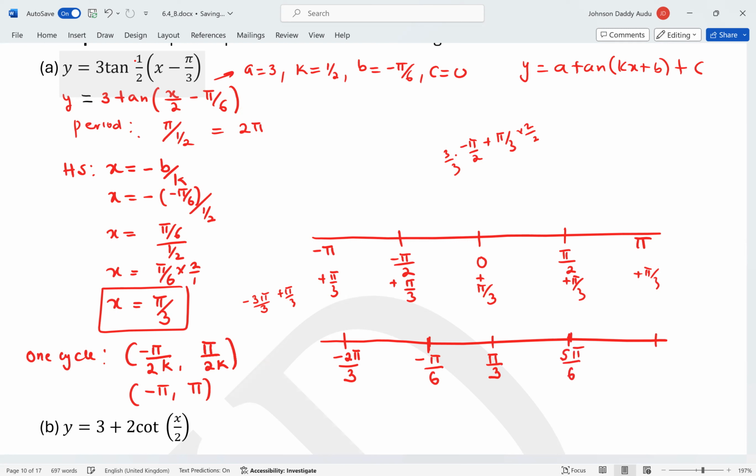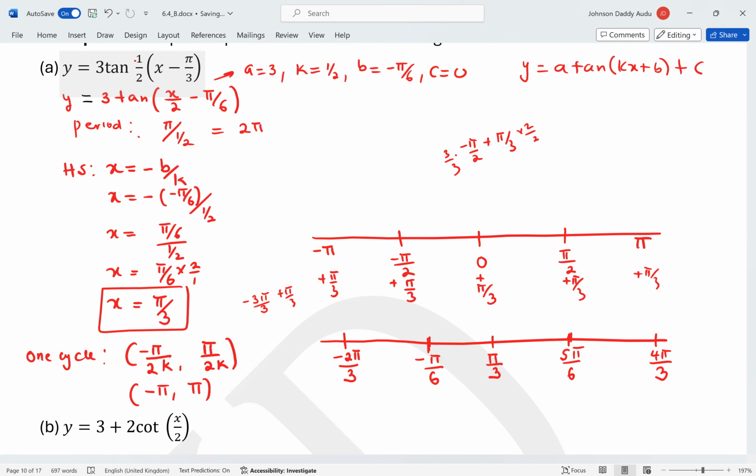And finally, this one is going to be 3 pi over 3 plus pi over 3, so it will be 4 pi over 3. Okay. Now, this is the interval we're going to work with.